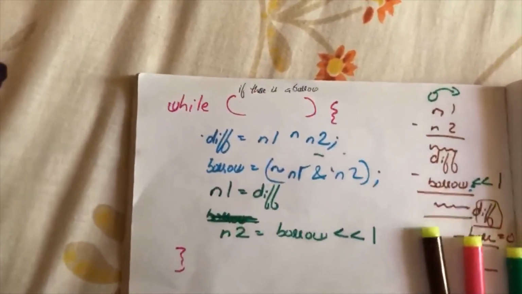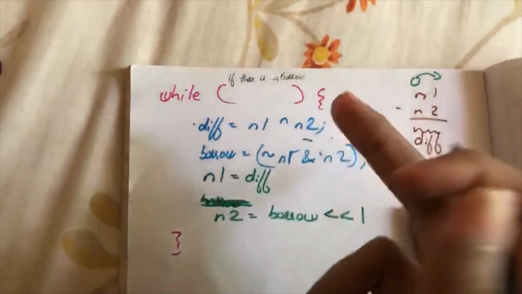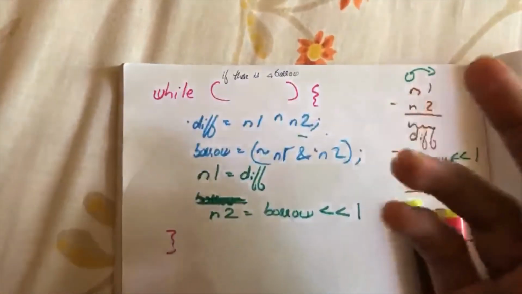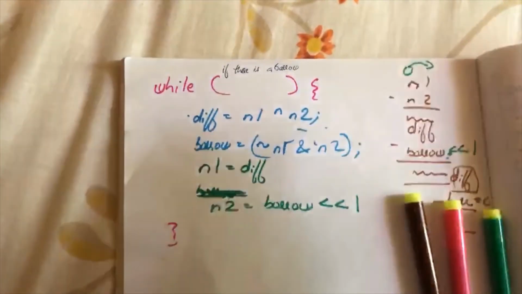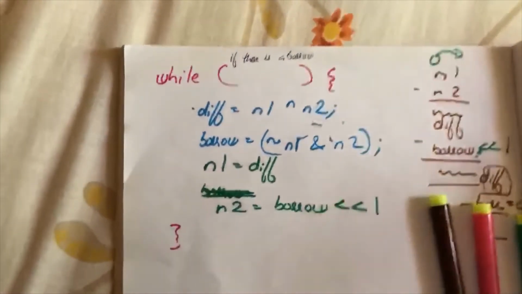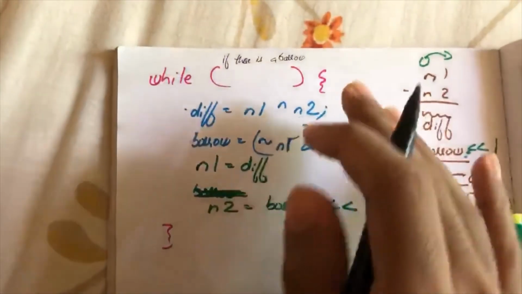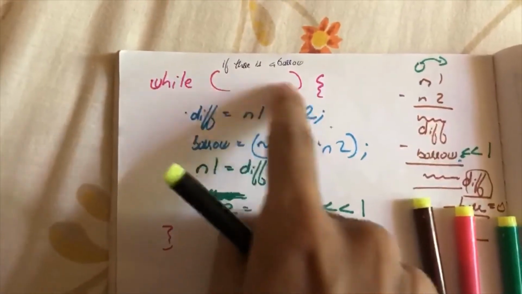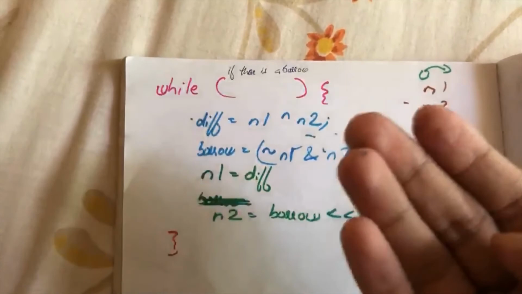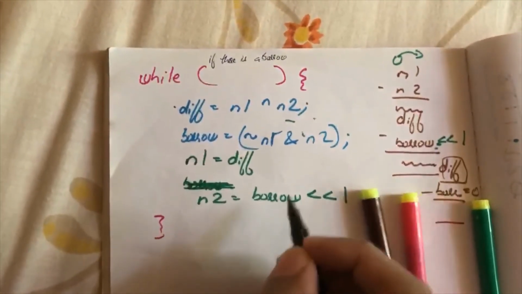And you need to find the condition. So what is the condition? If there is a borrow, that means the condition should be while borrow is not equal to 0. But in the first condition itself, we don't have a borrow variable in the beginning, right?